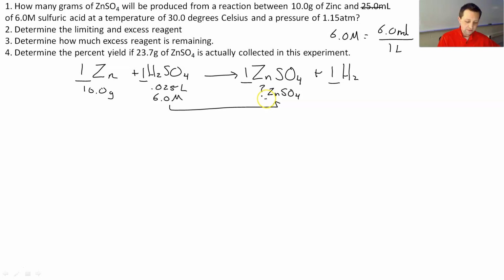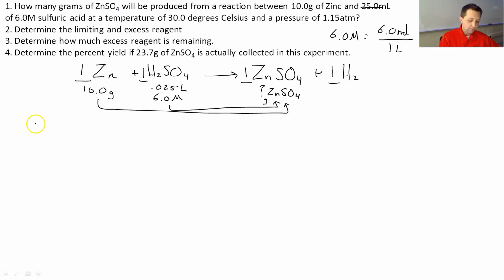That should be question mark grams. And then I need to convert the 10.0 grams of zinc also into grams of zinc sulfate. Okay? So remember, I'm given 2 reactants here. When I'm given amounts of 2 reactants, I need to make sure I do 2 stoichiometry problems. So let's map it out here.